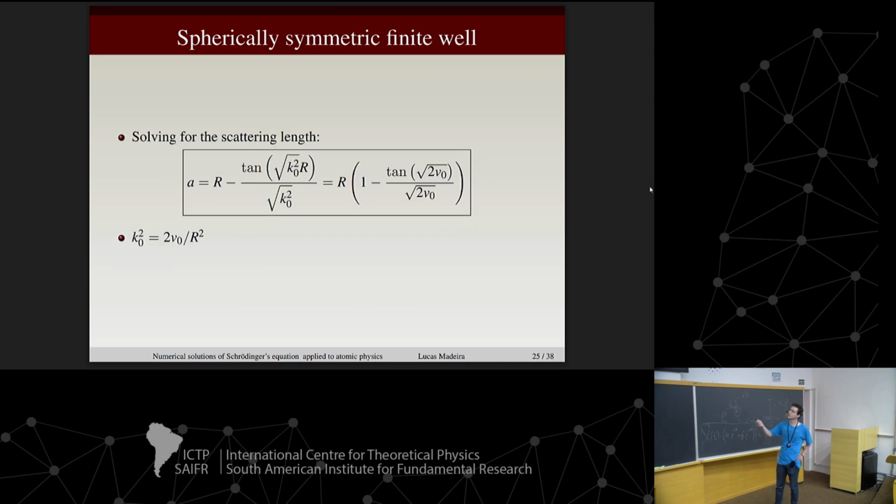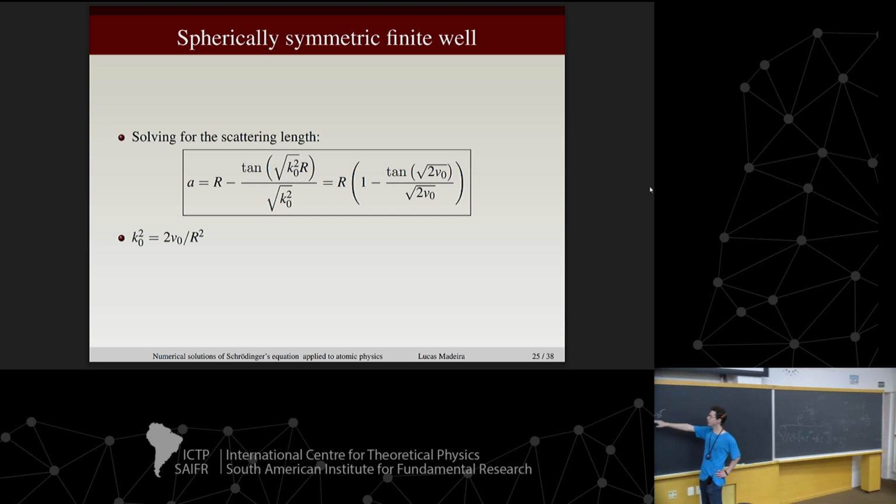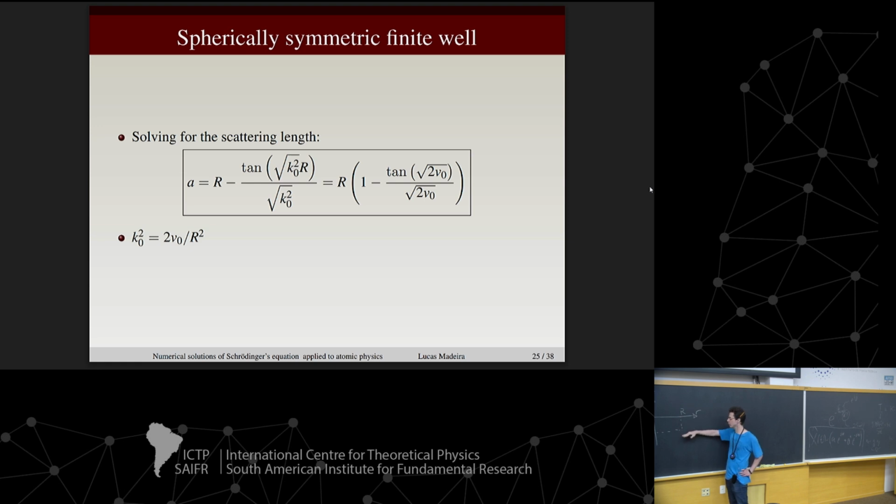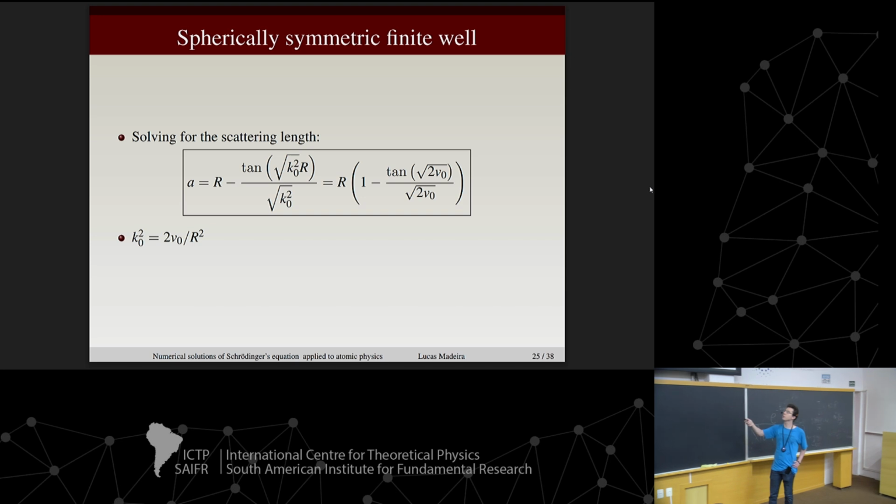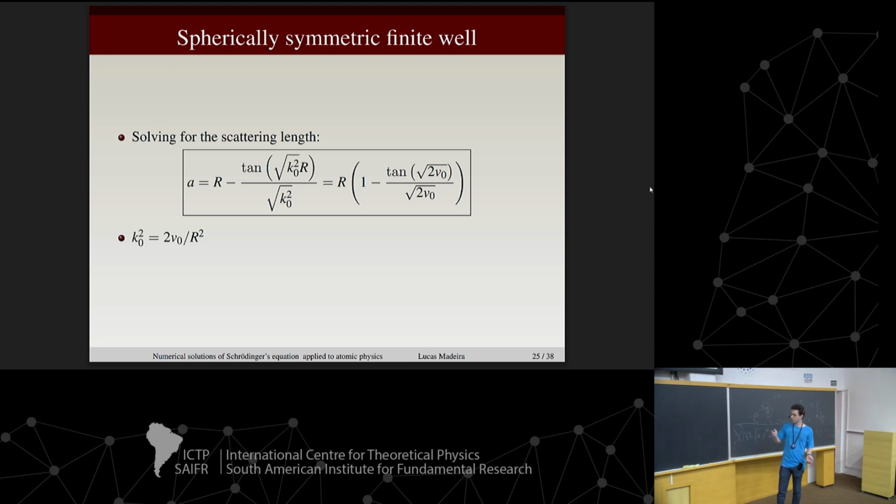I get this expression for the scattering length that relates it to the range of the potential and its depth. So if you tell me what the range of your potential is and what the depth is, I can tell you analytically what the scattering length is. So give me the potential, I tell you the scattering length. That's what this equation is telling us.